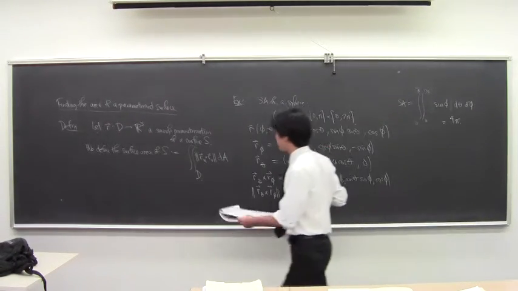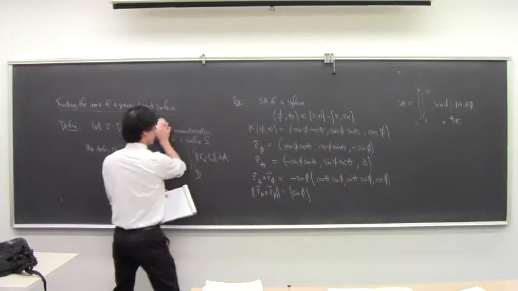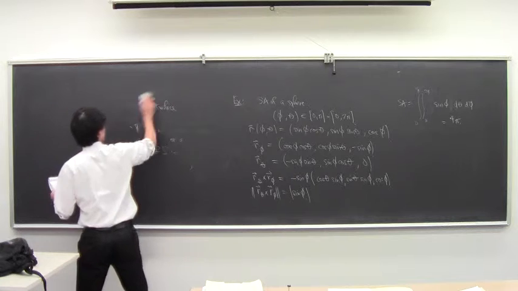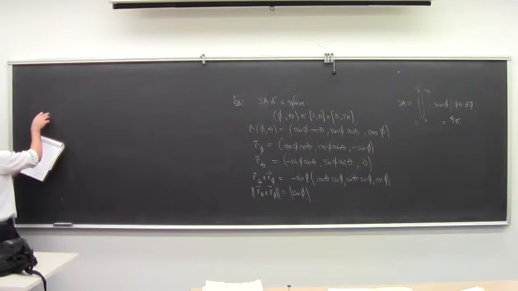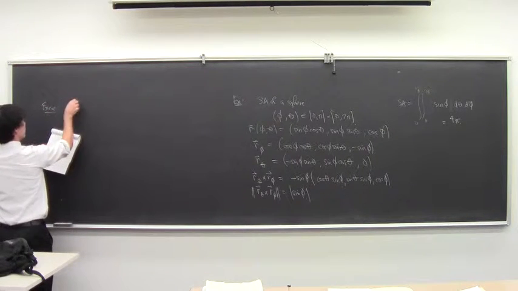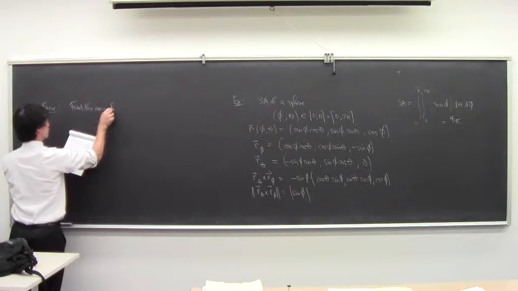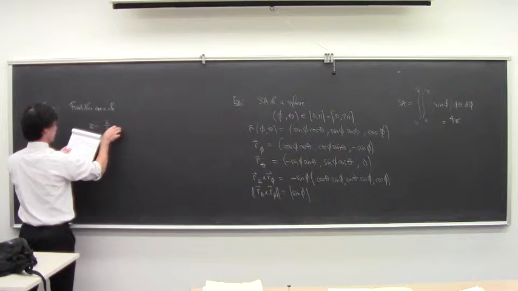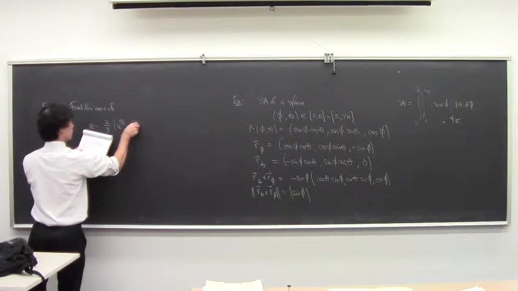So, any questions? Okay. Simple. I'll let you do one for practice. So here's an exercise. Find the area of z equals 2/3 x to the 3/2 plus y to the 3/2.